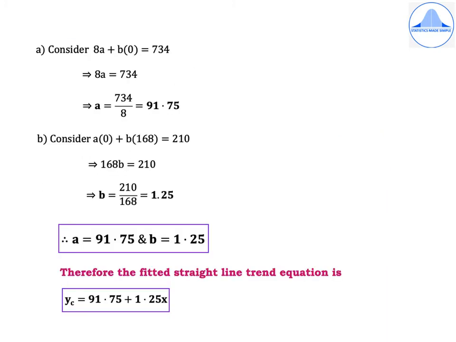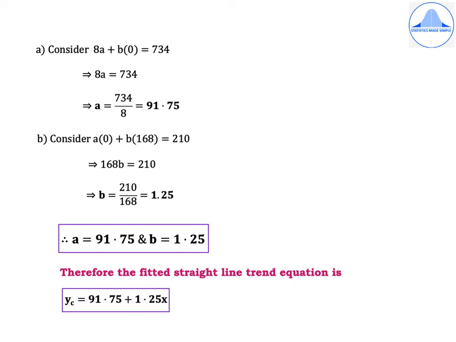The next step is to find the constants a and b in the two normal equations. For this, we need to substitute the values of summation x, summation y, summation x square and summation xy in the two normal equations.